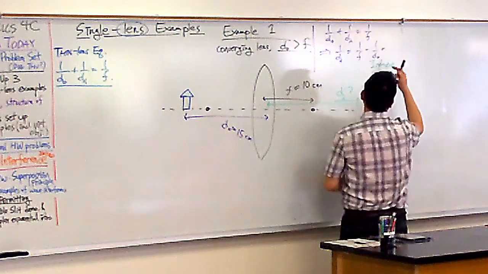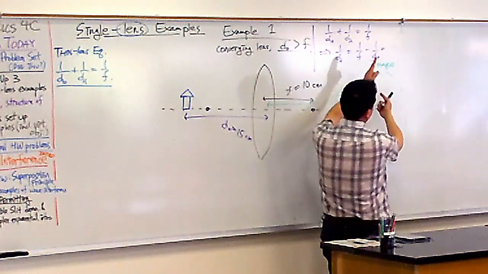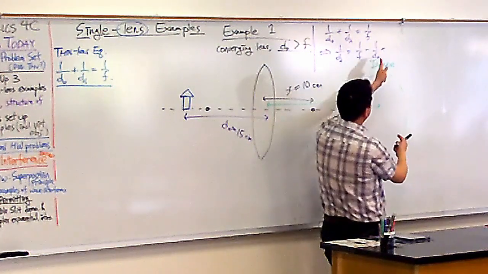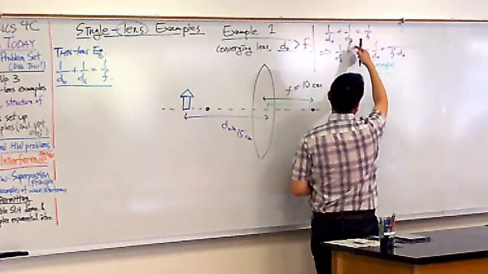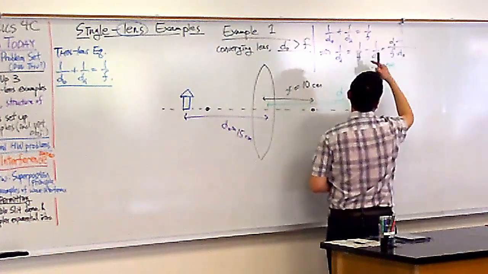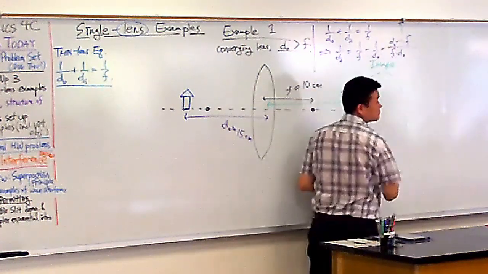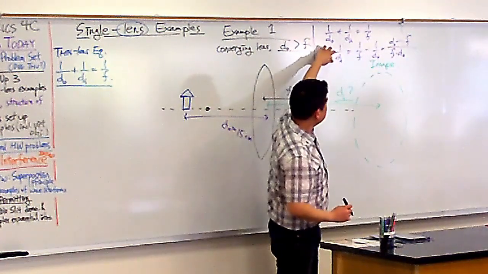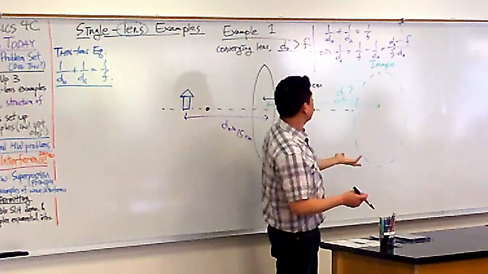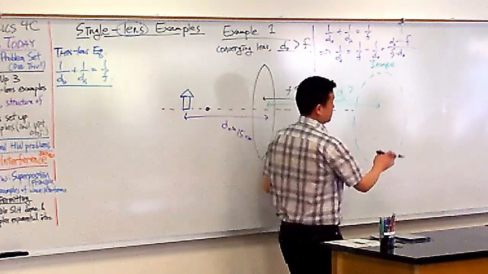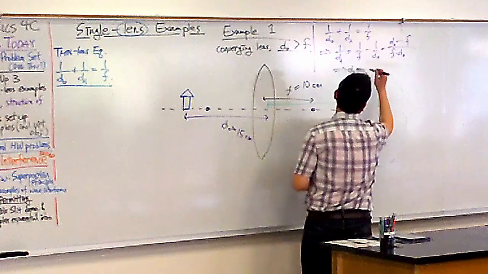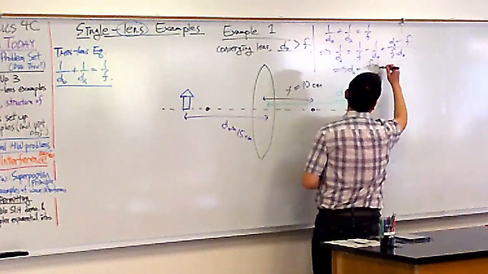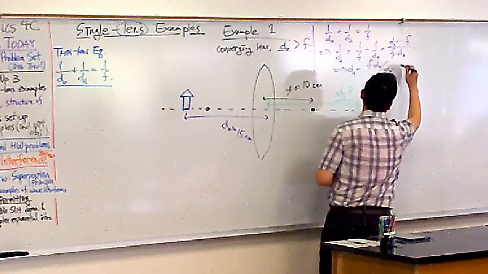This is equal to, the common denominator, f times dO, and so dO times 1, dO minus f times 1, f. That's the combined fraction. Now take the reciprocal, that will give you the image distance. So the image distance, dI, is equal to f times dO over dO minus f.